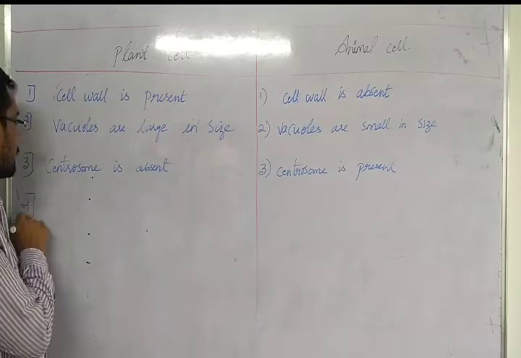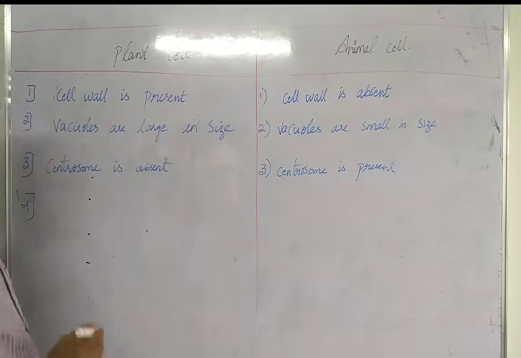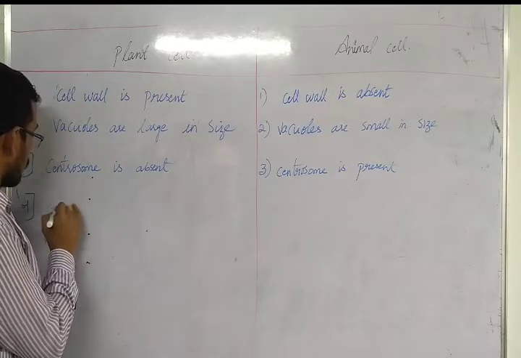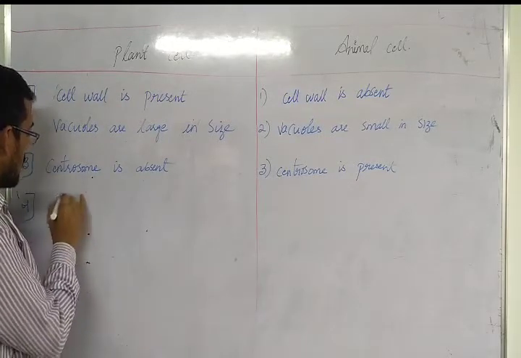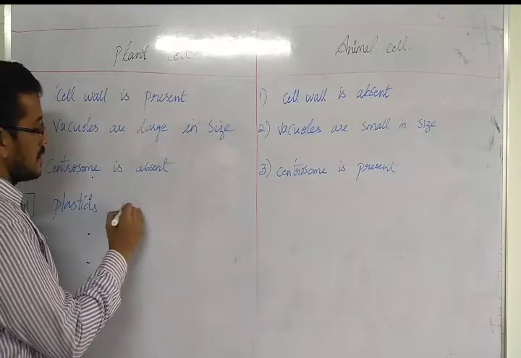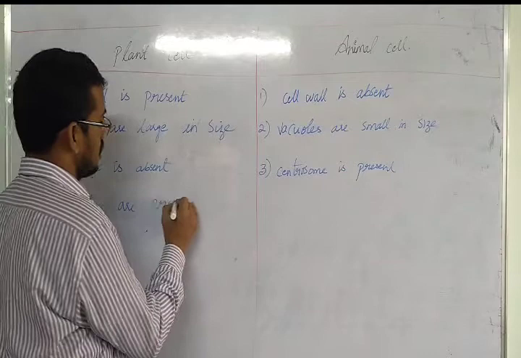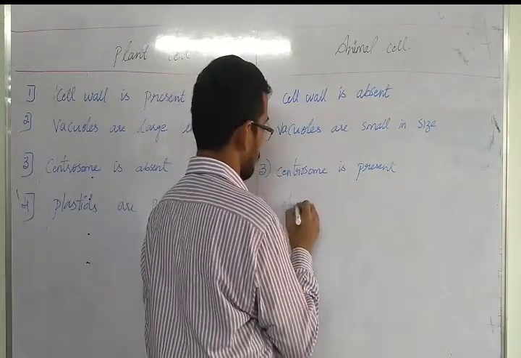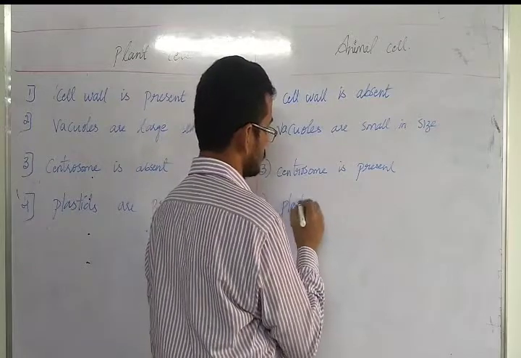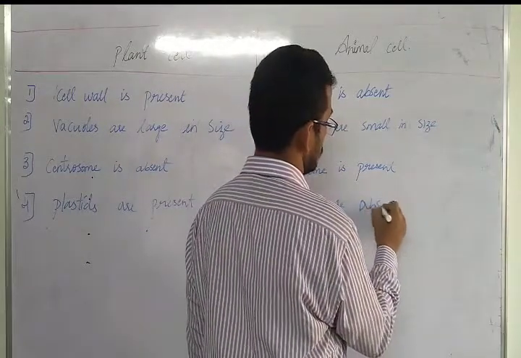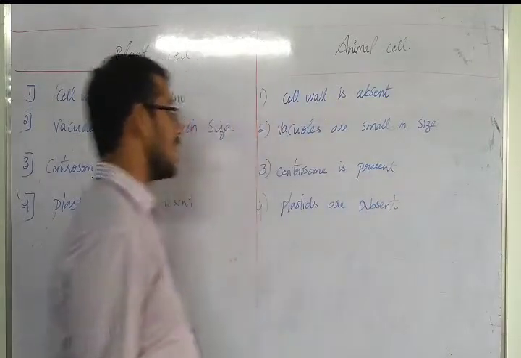Next, the fourth one: in plant cells, plastids like chloroplasts are present. Here in the animal cell, plastids are absent.